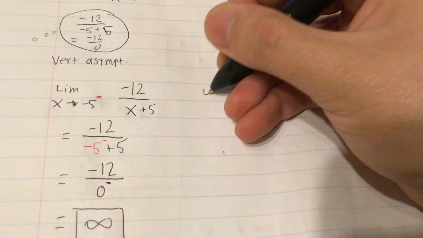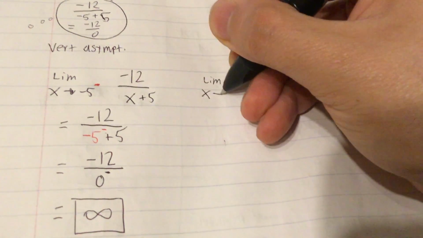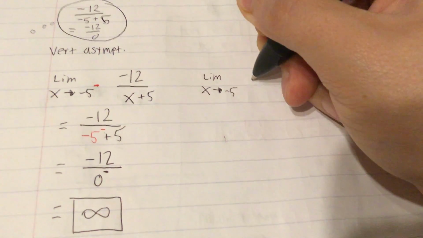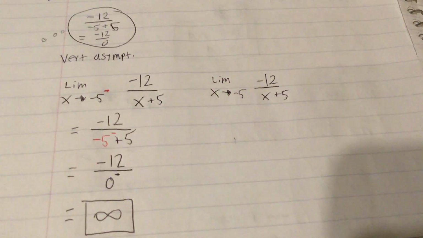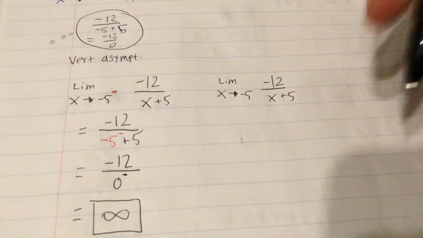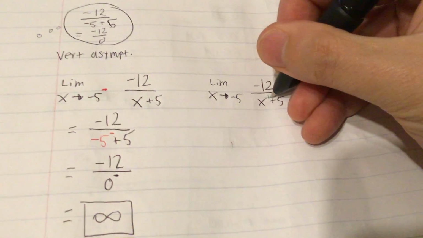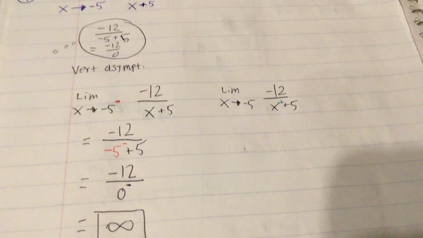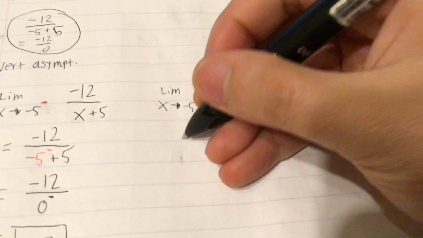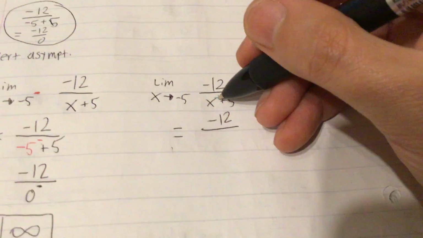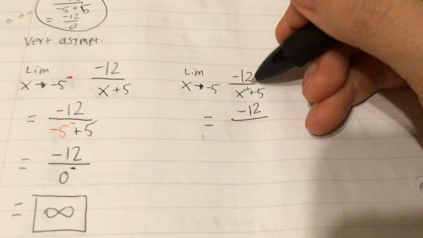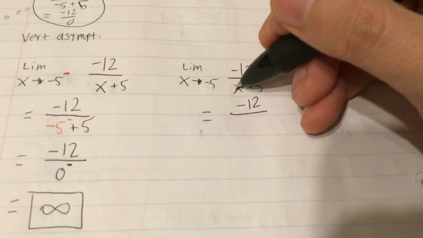Okay, now I'm going to do the limit as x approaches -5 from the right side of -12 over x plus 5. So now I've got -12. Whoops, I put the plus in the wrong spot, but you get the idea. Sorry about that.